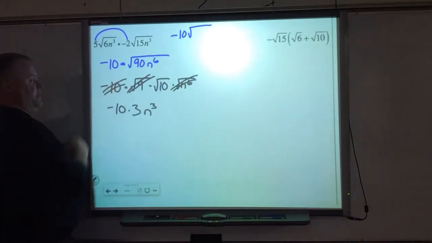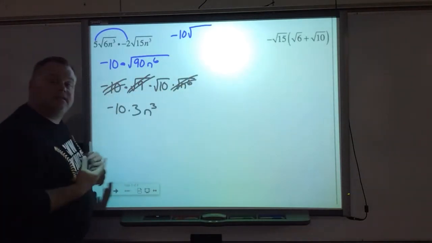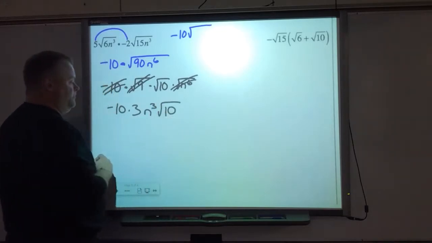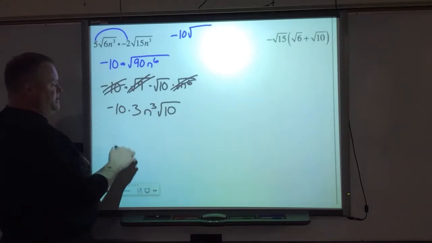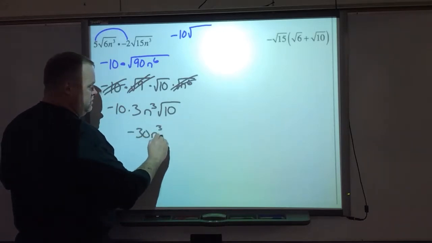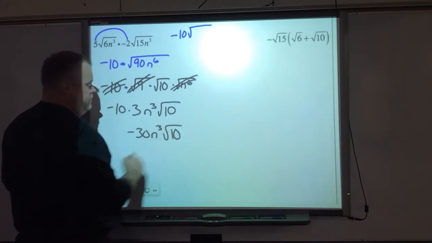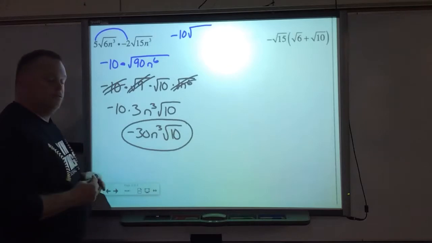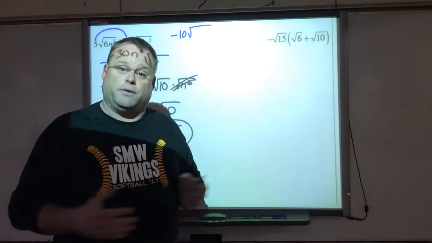I've already gotten rid of the negative 10. So the only thing left up there is the square root of 10. So this is negative 10 times 3, which is negative 30, n to the third, square root of 10. That would be your final answer on that one.